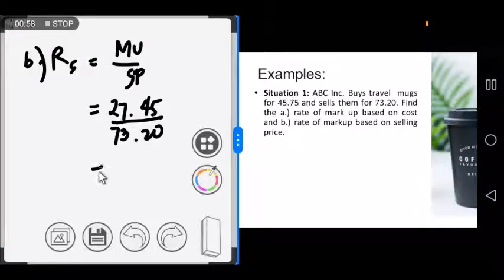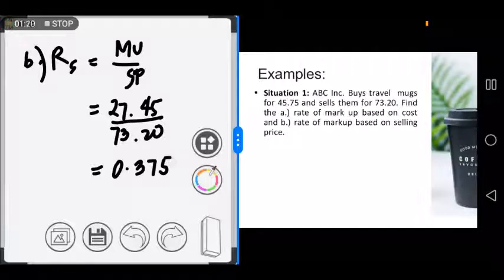Okay, so calculating our answer, we will have 0.375.